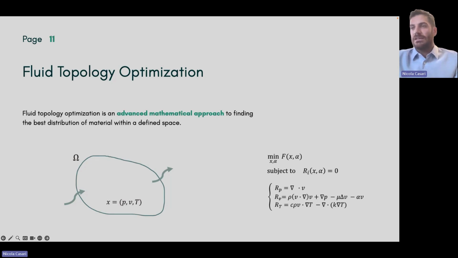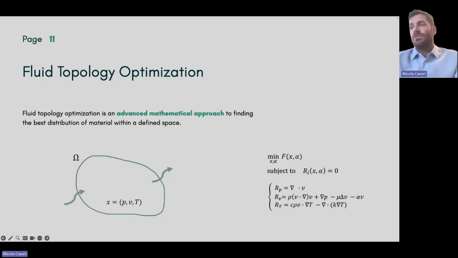So we have the state x, which in a physical problem is represented by the pressure, the velocity, and the temperature. And therefore, the problem is how to distribute material inside this volume in order to optimize the heat transfer, and to maximize the thermal dissipation in proximity of our heatsink.